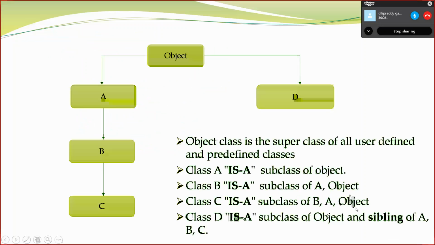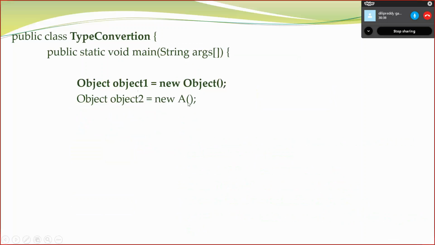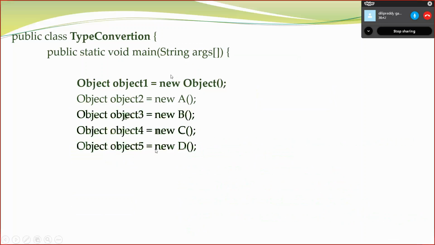Okay. Now I'm going to create a class. Do you remember? A has a relationship only with B and C, and for D it doesn't, correct? D is a sibling, not an IS-A relationship with A. You understand this point, again and go.